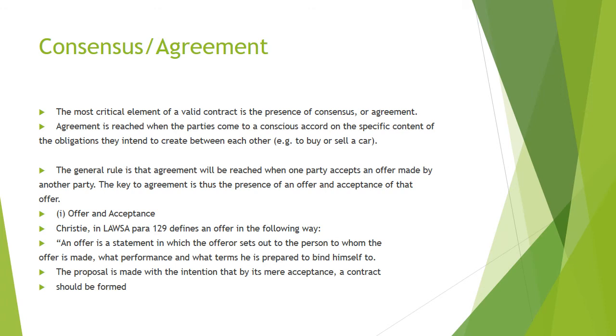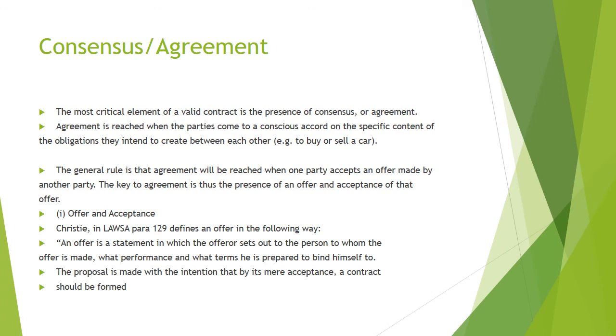Okay, let us look at what uChristi kwincwadi yakhe Law Essay paragraph 129 defines an offer in the following way. An offer is a statement in which the offerer sets out the person to whom the offer is made, what performance and what term he is prepared to bind himself. The proposal is made with the intention that by its mere acceptance, a contract should be formed.